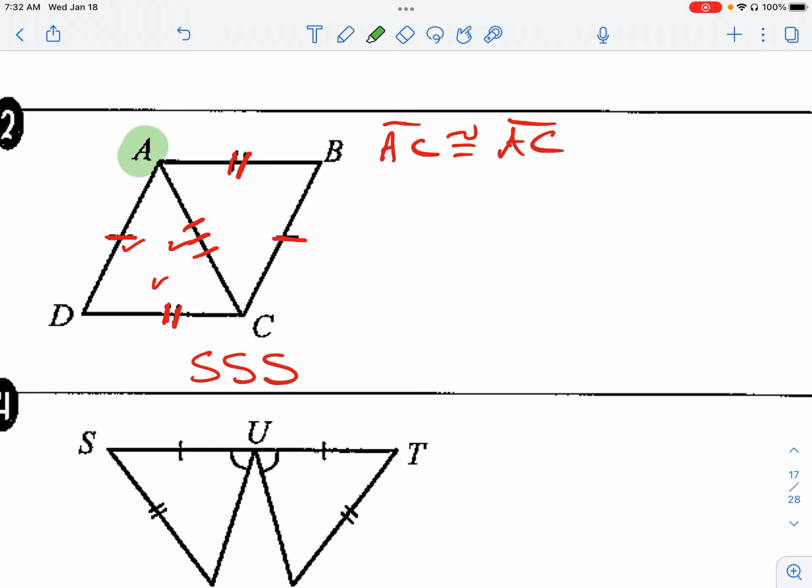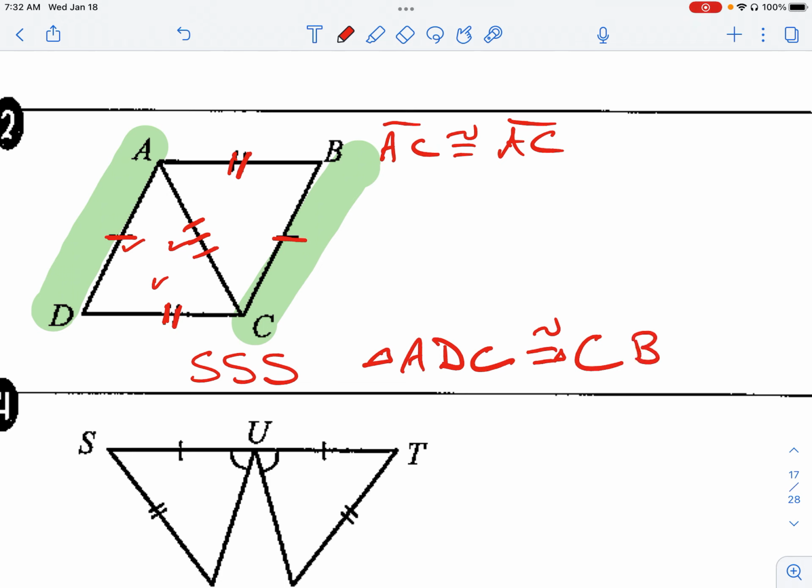And we have AD is congruent to CB, so triangle ADC is congruent to triangle CBA.